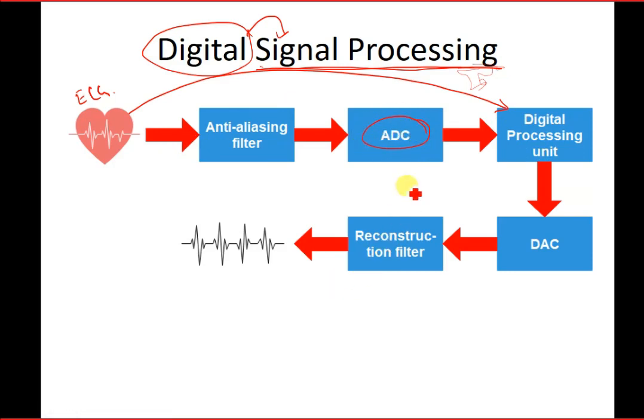Okay. Now there is a problem over here. You can say I can take the signal and directly apply it to the analog to digital converter, and then it will be directly fed into the digital processing unit.